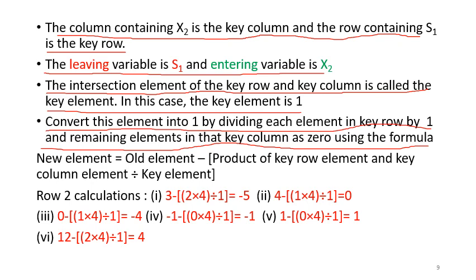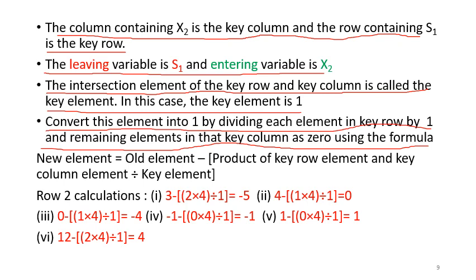Since the first row was the key row, the calculations there are very simple. Divide every element in the key row by the pivot element, which is 1, and the pivot element by itself gives a value of 1.